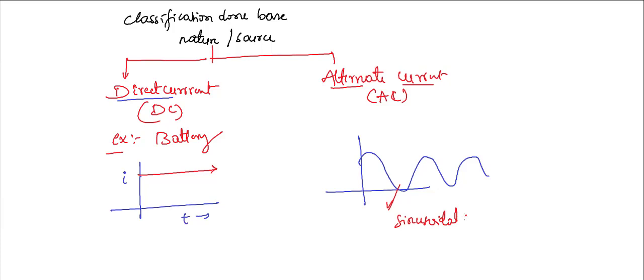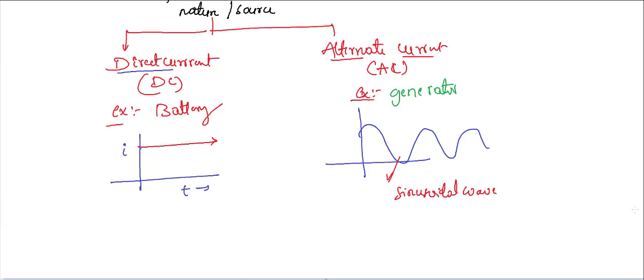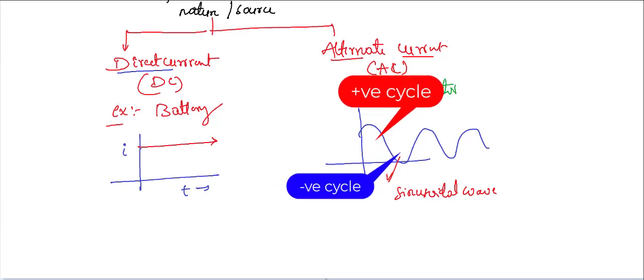What you see in your home is alternating current, and a generator is an example. It has both a positive part and a negative part. The positive part is the upper one and the negative part is the lower one.